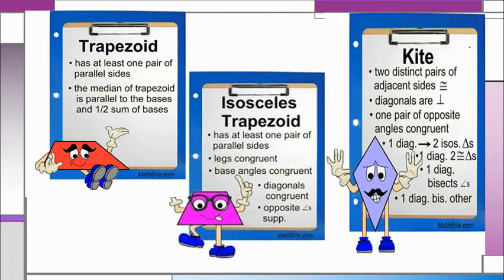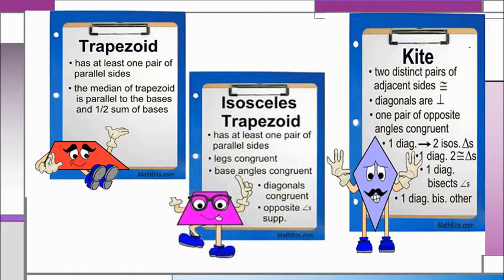And then our last figure is the kite. And the kite has two distinct pairs of adjacent sides that are congruent. So their congruent sides are together, they touch each other. They have one pair of opposite angles that are congruent. One diagonal creates two isosceles triangles.